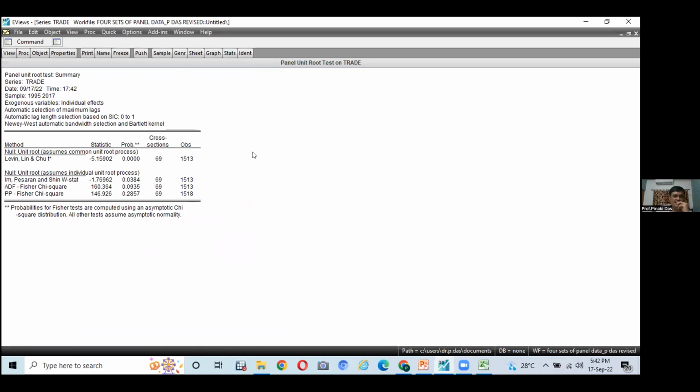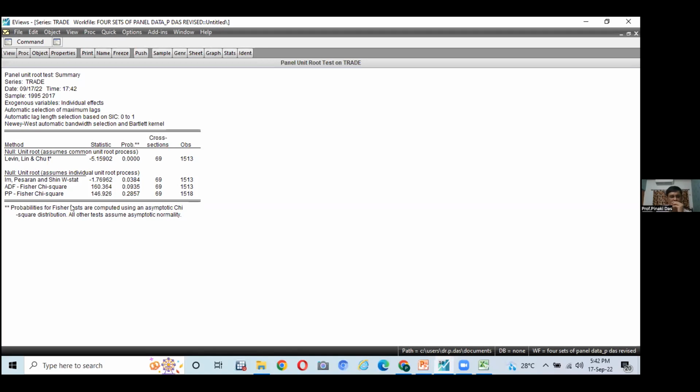What is the result for this variable? Here, the Levin-Lin-Chu method, is it statistically significant or insignificant? It is statistically significant. And the Im-Pesaran-Shin method?